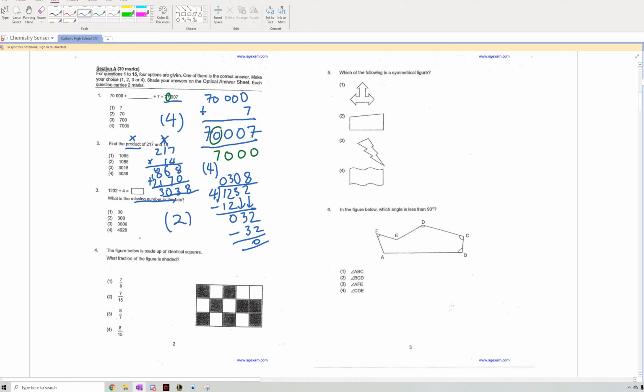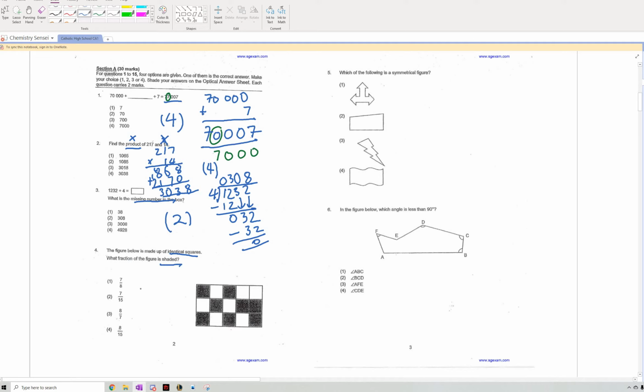Next, question 4. The figure below is made up of identical squares. What fraction of the figure is shaded? Whenever we have a fraction, the numerator, the number on top, is what we want.